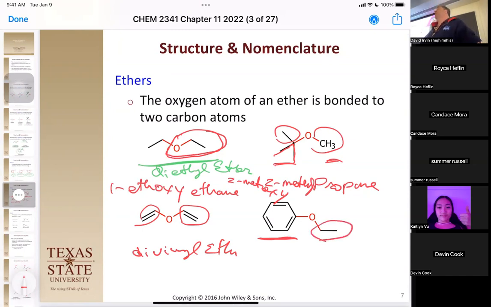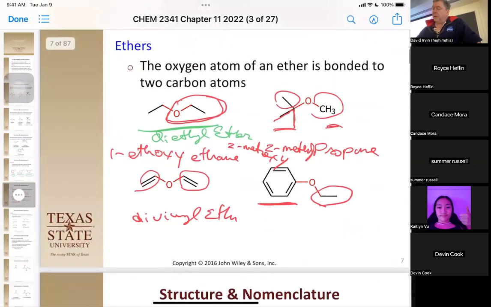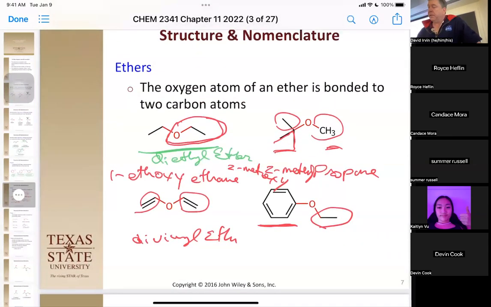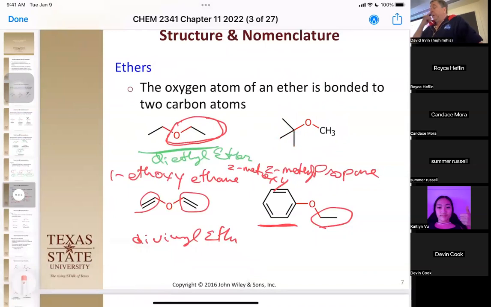But now we know the group is phenol, so we might be able to use that as well. Okay, so if we look at the names here, the common names are always just the substituents. So the common name for this is going to be t-butyl methyl ether.